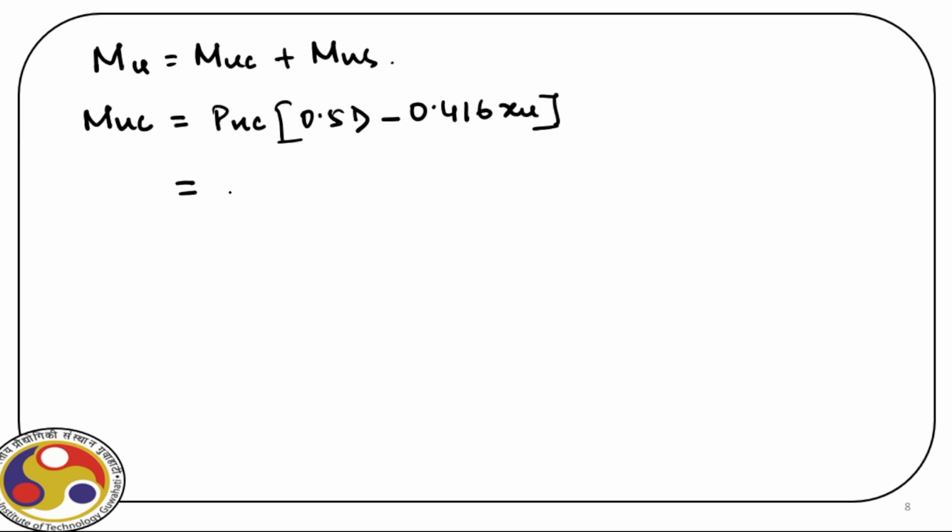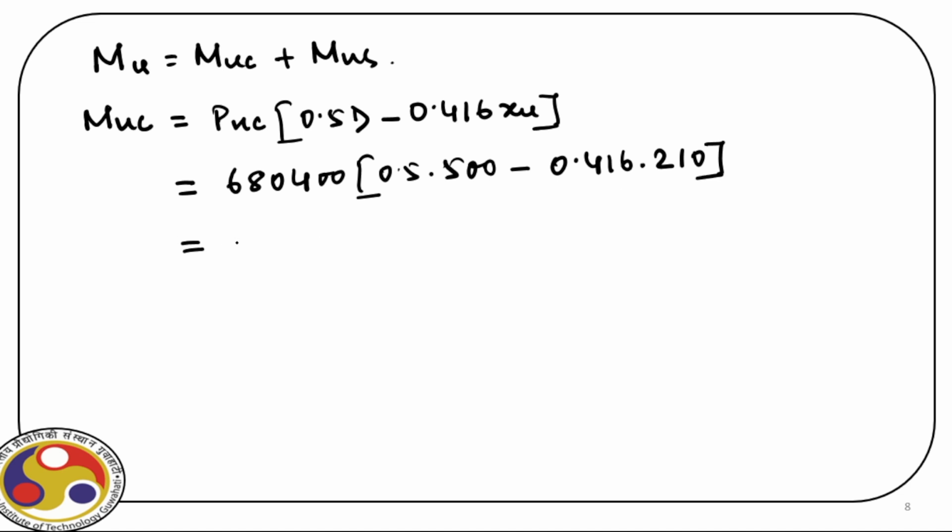So Puc, if you recall, it was 680,400 times (0.5 times 500 minus 0.416 times 210). So ultimately we get 110.66 into 10 to the power 6 Newton millimeter.